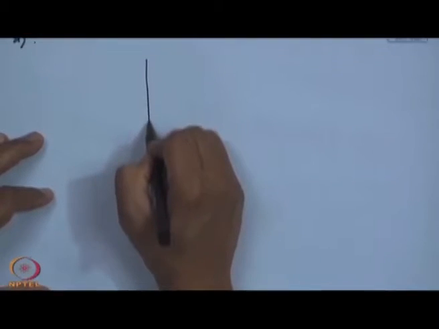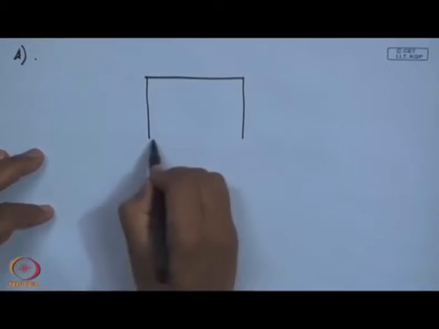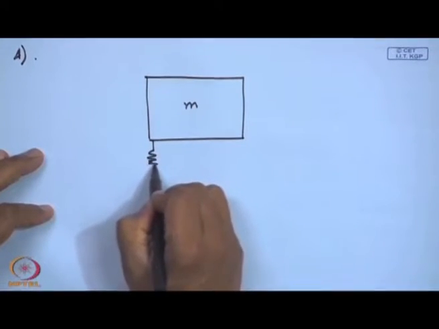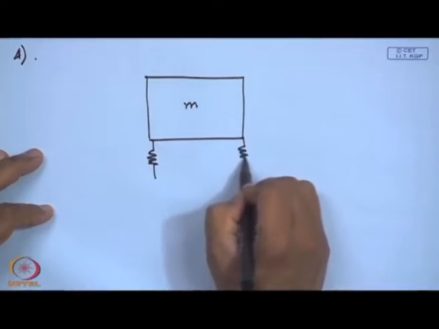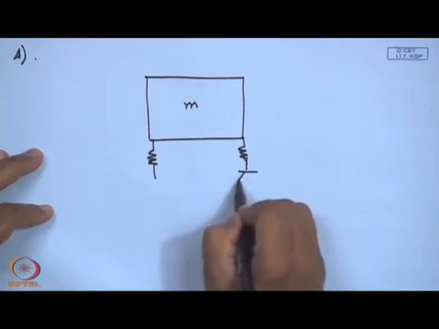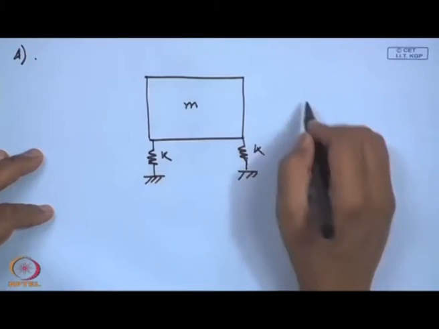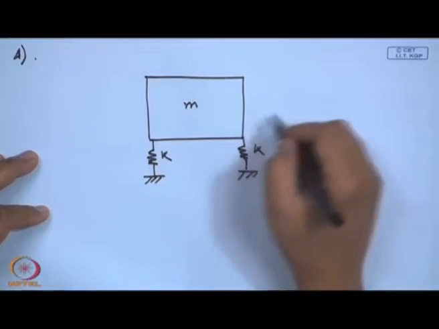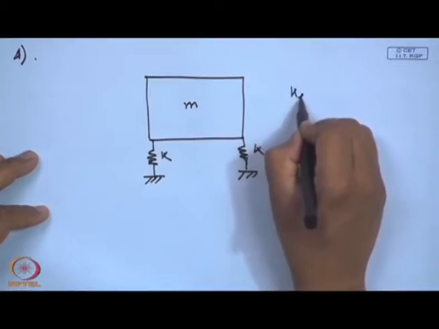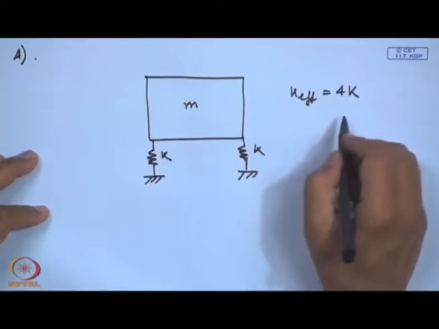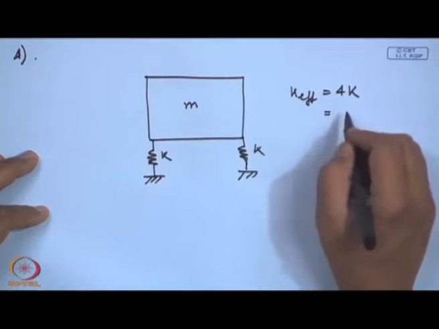See, this is a machine, a mass M supported on 4 springs. I am just showing a 2D plane view, so I am not showing the other 2 springs. So, the effective spring, because there are 4 springs, K effective is nothing but 4 times K, and the value of K is 100.